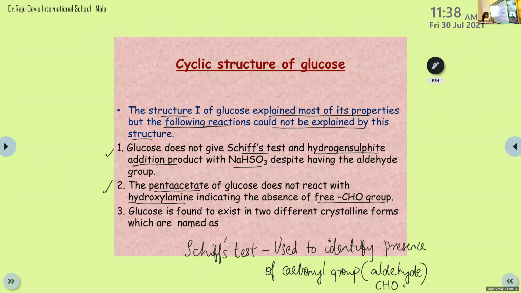Then the third one: glucose is found to exist in two different crystalline forms which are named alpha form and beta form.